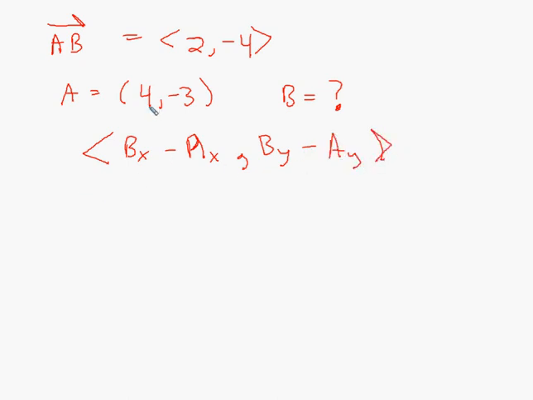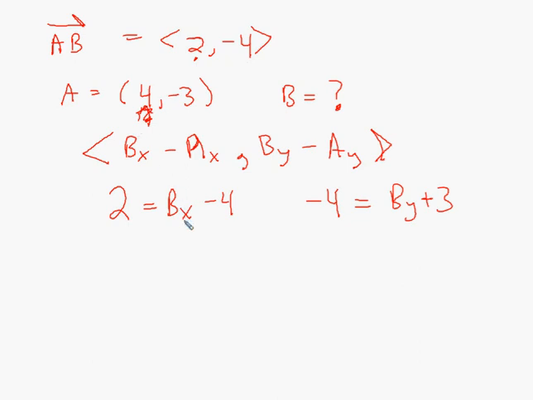I know in the end I got 2, right? So that means 2 must equal bx minus 4. And that must mean negative 4 equals, well, by minus negative 3, so plus 3. Do you see where I got that? I'm saying in the end, after I figured it out, I got 2, and at the end I got negative 4.